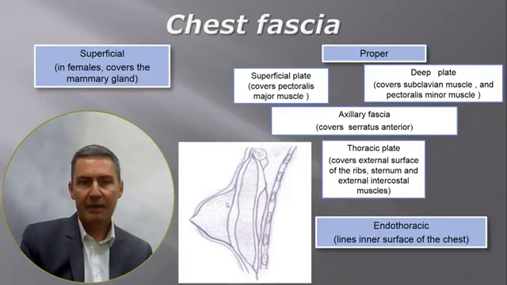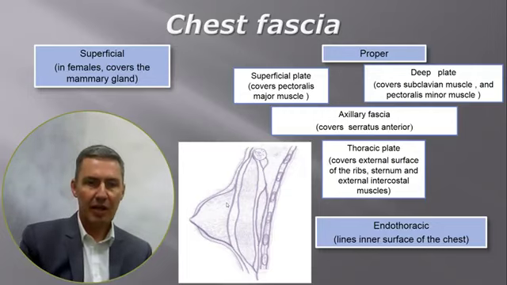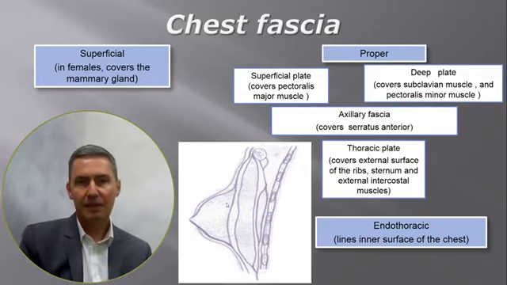The next fascia is the proper fascia of this region, which is subdivided into two plates, the superficial plate and deep plate. The superficial plate covers the superficial muscles, which are the pectoralis major muscle, pectoralis minor, and so on.